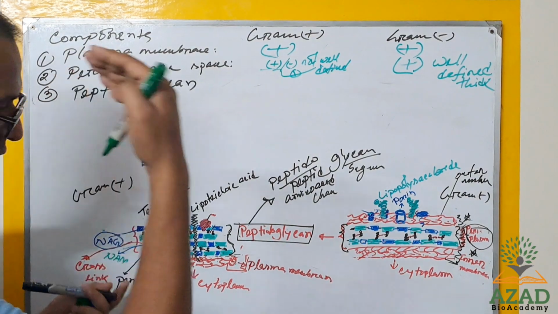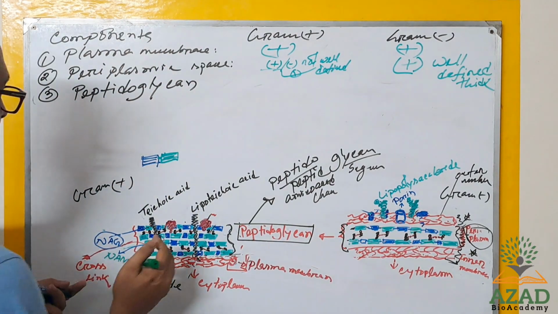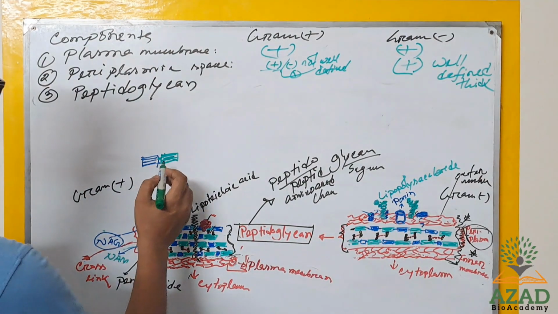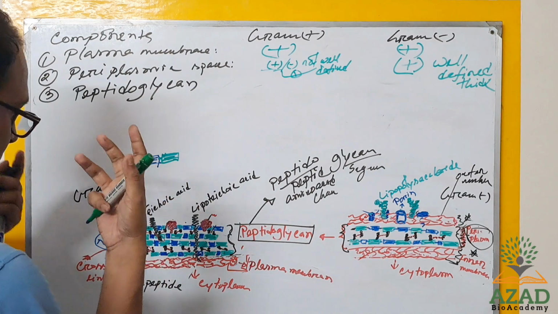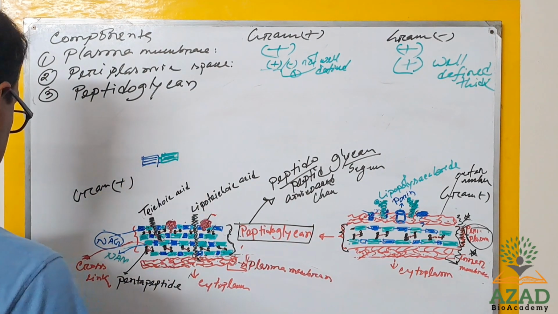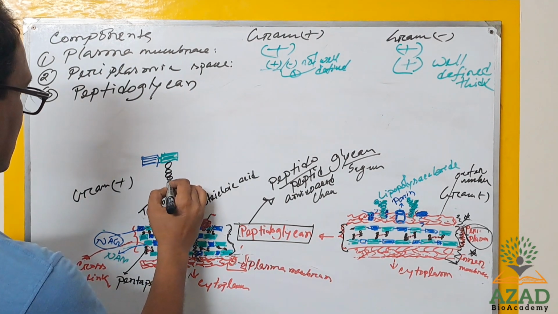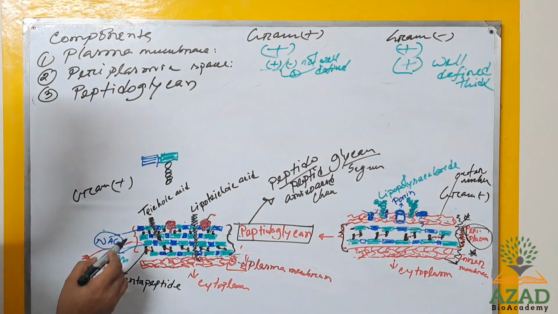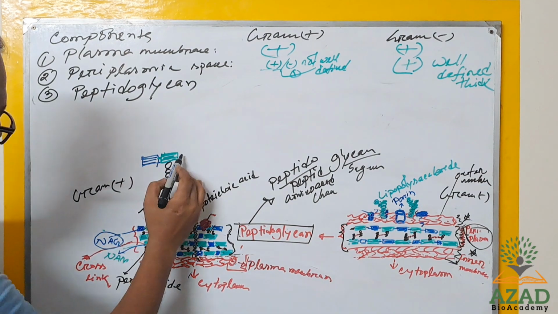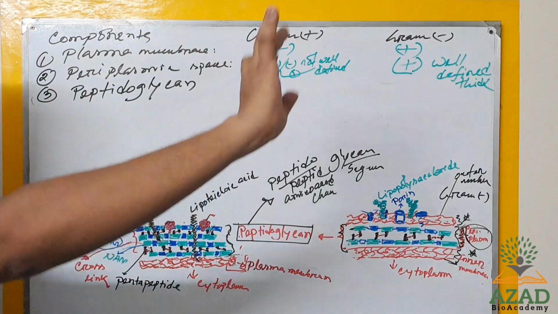I already discussed this in my previous lecture, so I will not go into details. The NAM has the capacity to carry the pentapeptide. In that way, NAM-NAG, and here another NAM-NAG, and then another NAM-NAG, it goes on.